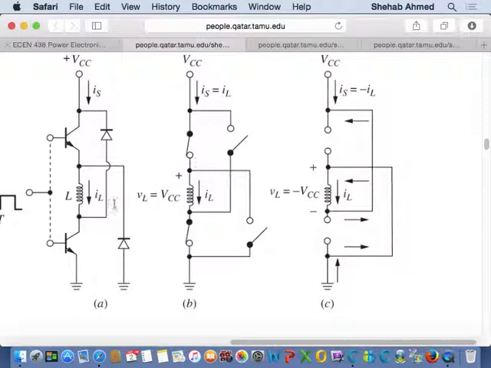Initially this terminal of the inductor was connected to the positive source and this terminal was connected to the negative source. Now when the switches are off, this terminal is no longer connected to the positive source. It's connected to the negative source potential, and this point is connected to the positive source potential. So I flipped the polarity of the voltage across the inductor.